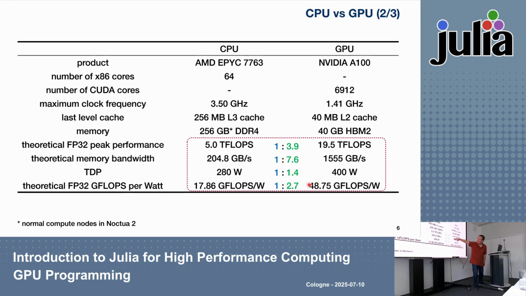This area shows that if we treat the CPU as a reference unit, which is 1, the single precision performance of the A100 is roughly 4 times stronger than the CPU. Memory bandwidth is 7 times, and in practice maybe 10 times, for benchmarking. Yes, the GPU consumes slightly more energy, but it delivers much higher computational energy efficiency.